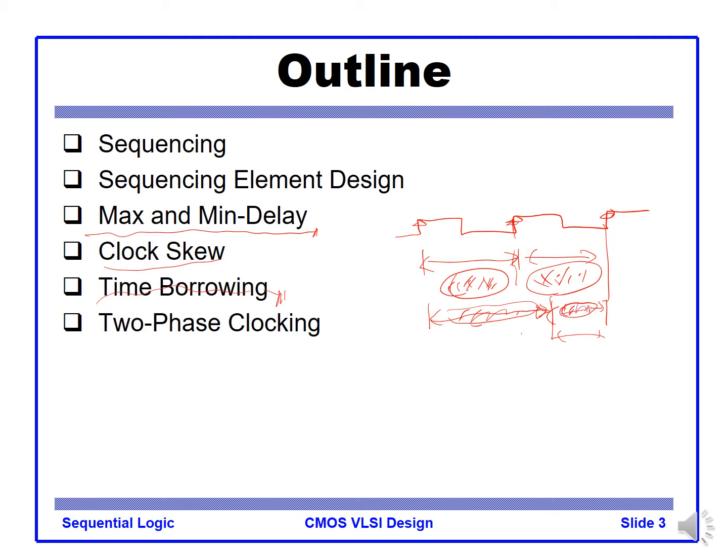So we can borrow the time from the next cycle or the other way. We can also learn about the two-phase clocking, which gives us very good margin on the setup and hold time. All these kinds of issues we will cover in this section.